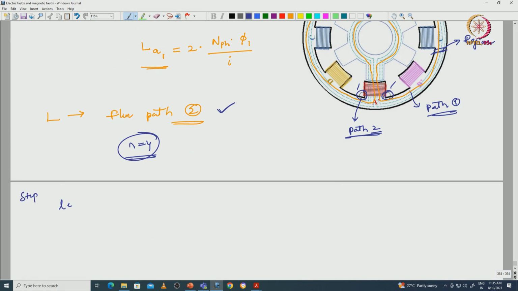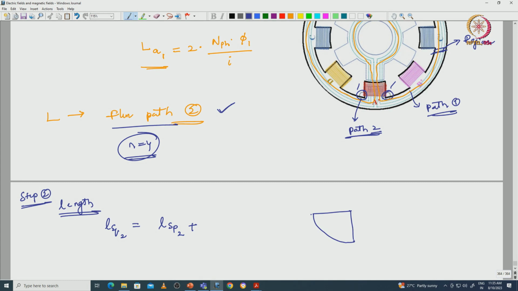Step 2, with respect to path 2, what will be the length of the flux path. L equivalent 2 is equal to the length of the stator pole, plus the others. We can consider the flux loop in this fashion for easy analysis.